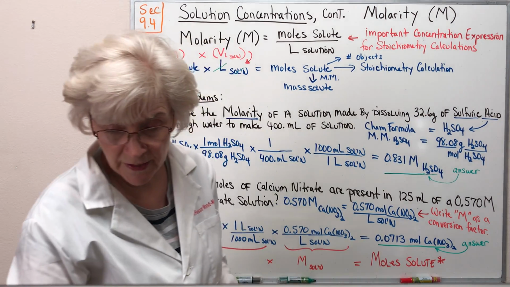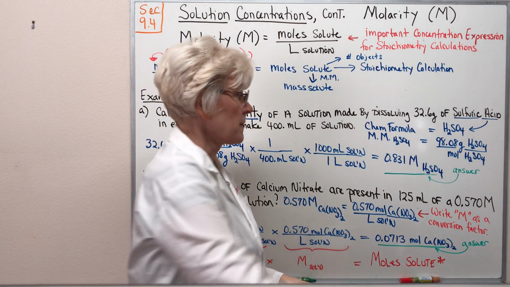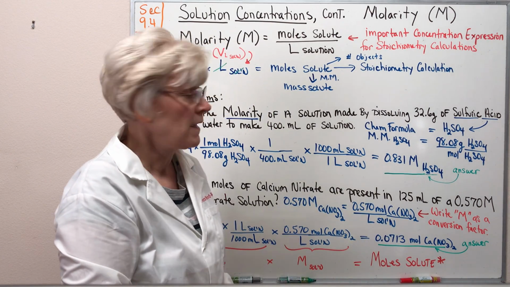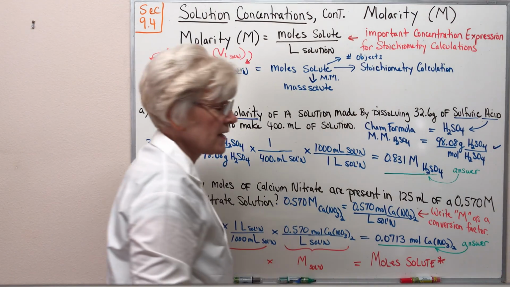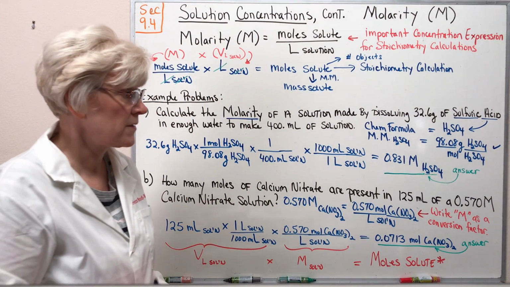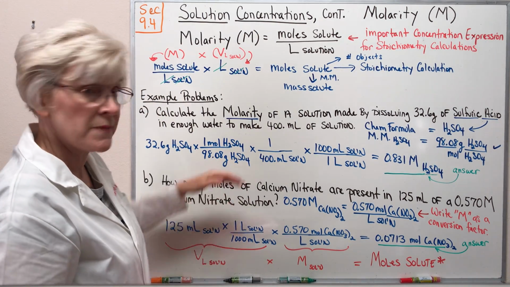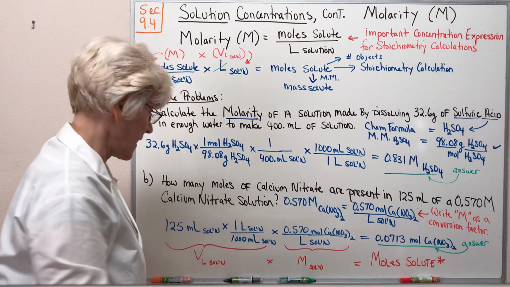So looking at our periodic table and adding up the atomic weights of 4 oxygen, 1 sulfur, and 2 hydrogen, we come up with a molar mass of sulfuric acid of 98.08 grams per mole.